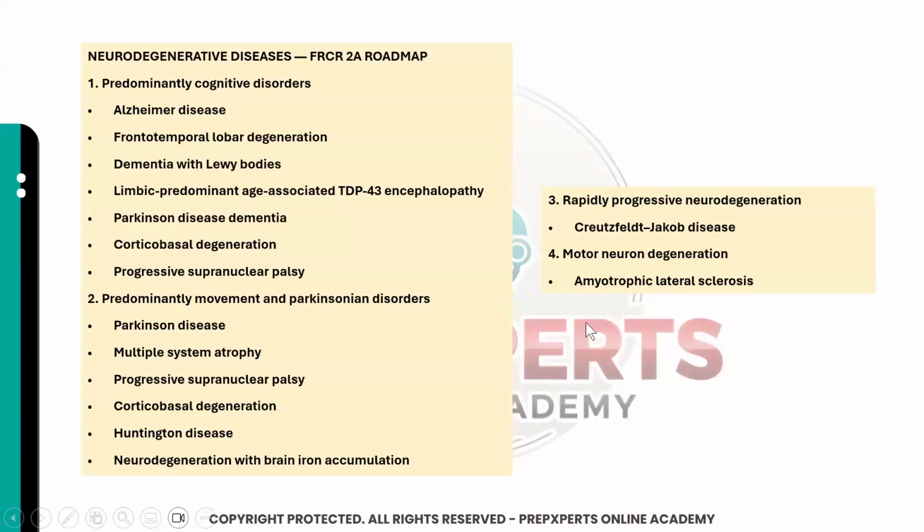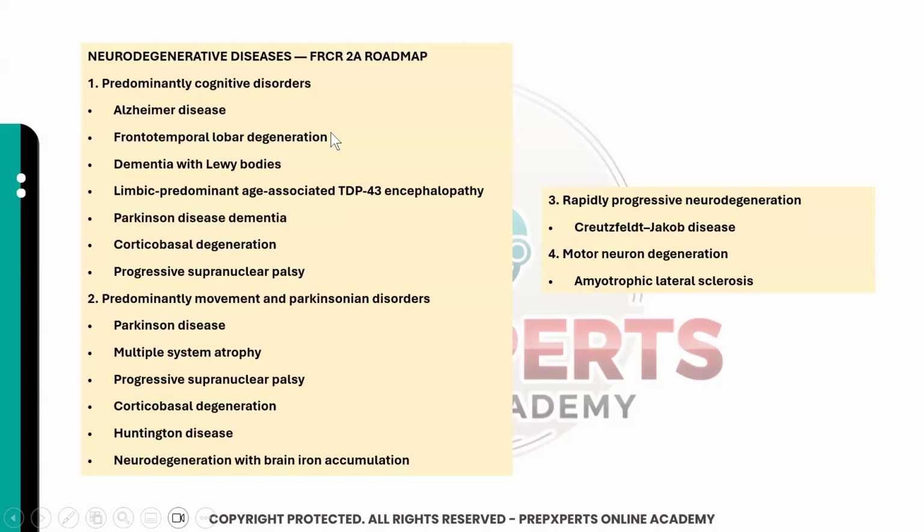Okay, so what are the diseases? First of all, there are some cognitive disorders, some movement and Parkinson related disorders. Then we have rapidly progressive neurodegenerative diseases and motor neuron degeneration. In these two, I have only included the most important ones: Creutzfeldt-Jakob disease, the prion disease, and in motor neuron degeneration, amyotrophic lateral sclerosis, ALS. But for the cognitive disorders, the first three, four are the most important.